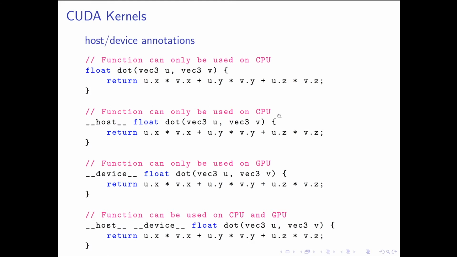The second function is a host-only function too, because it's annotated with host. The third function is a device function, so it can only be called from within a kernel or from within another device function. Finally, the fourth function is a host and device function, which means that NVCC will generate two versions of this function: one callable from the host and the other callable from the device.